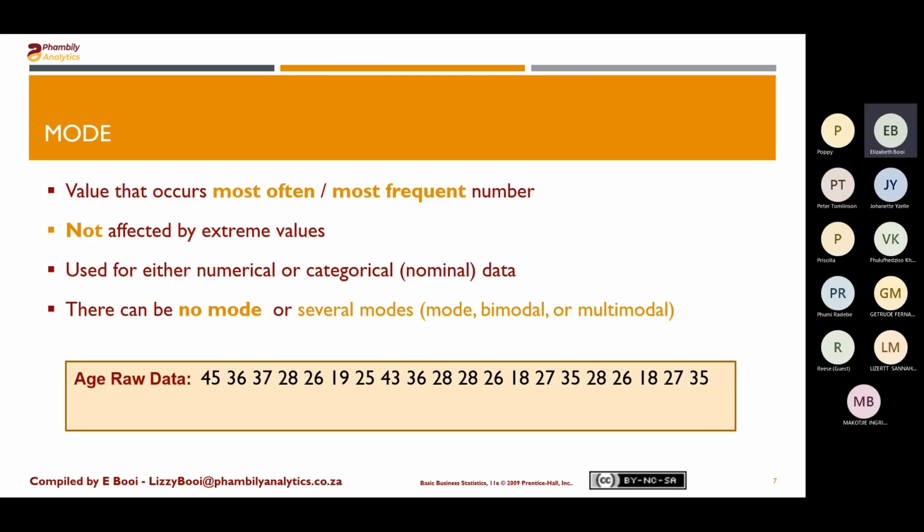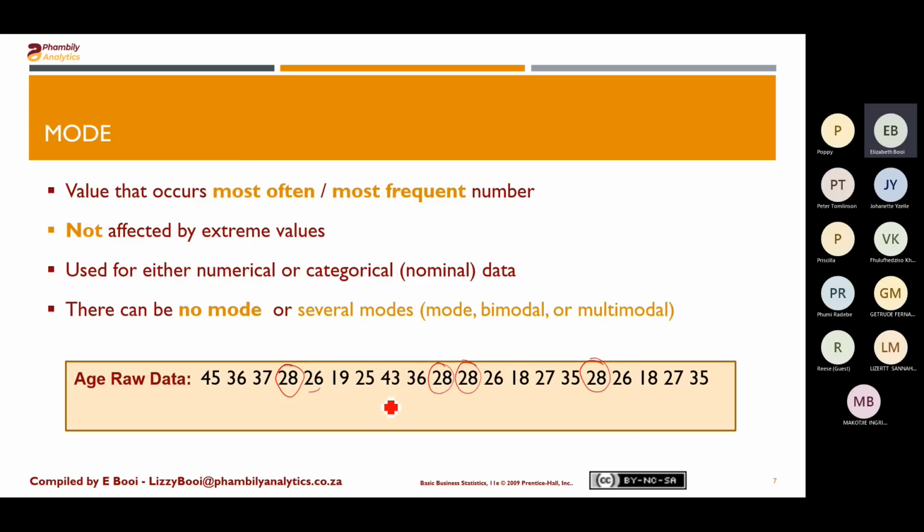So let's look at our data set. Your data doesn't have to be ordered in ascending order, but it's easy if your data is ordered in ascending order, then you are able to clearly see the pattern of your data. So in this instance, looking at this data, I can see that 28 appears 4 times.